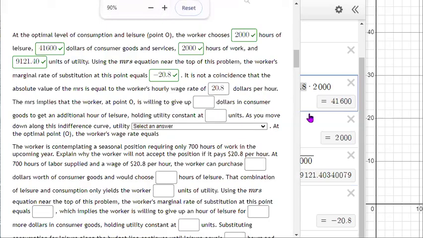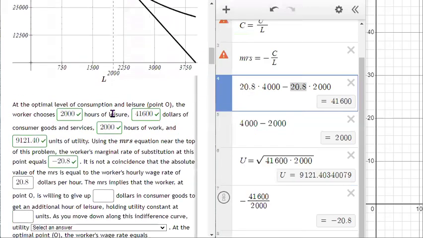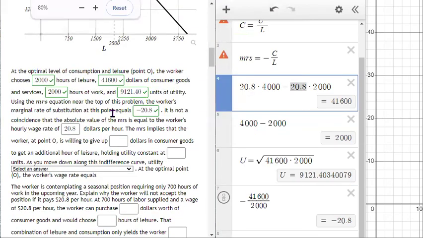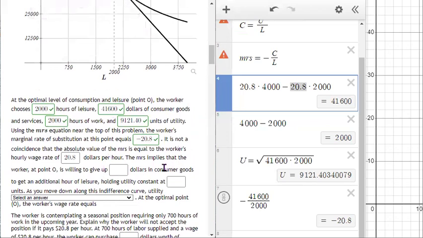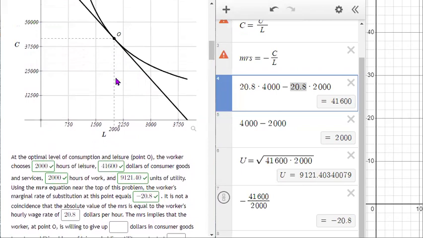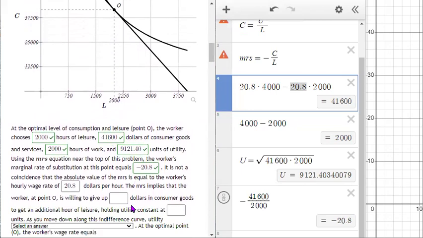The MRS implies that the worker at point O, right here, is willing to give up what?